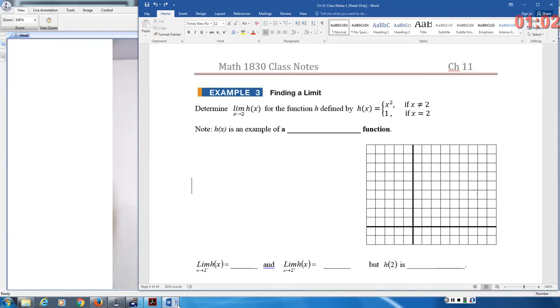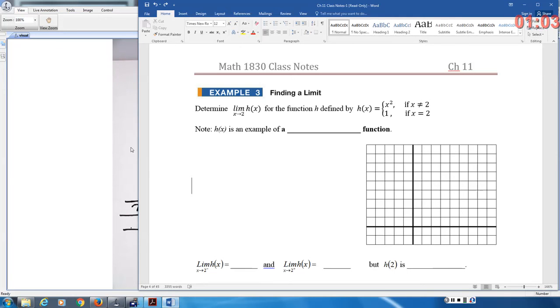So what that means is, this is x, this is h of x, and x is equal to 2, h of 2 is equal to 1.